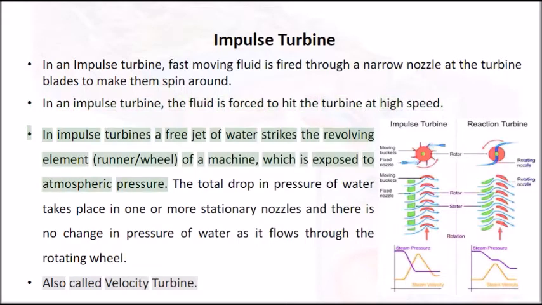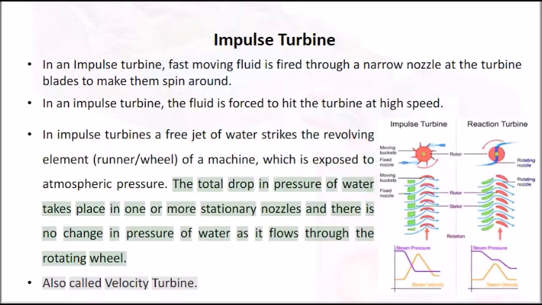In impulse turbines, a free jet of water strikes the revolving element, the runner wheel, of a machine, which is exposed to atmospheric pressure. The total drop in pressure of water takes place in one or more stationary nozzles, and there is no change in pressure of water as it flows through the rotating wheel.